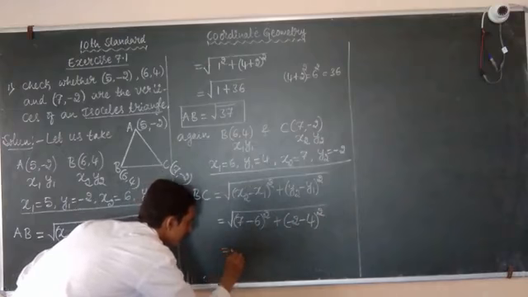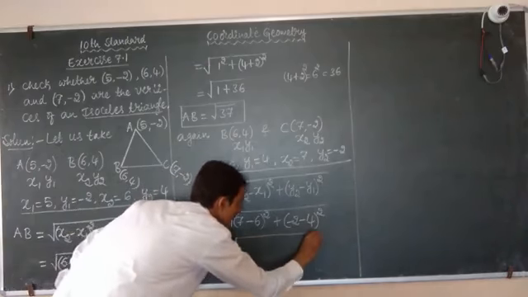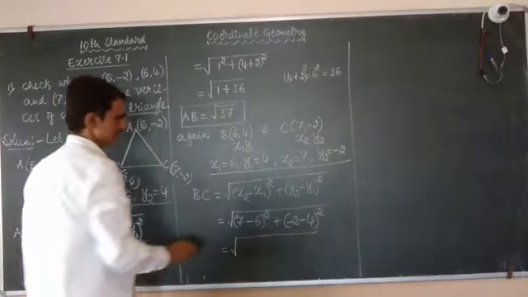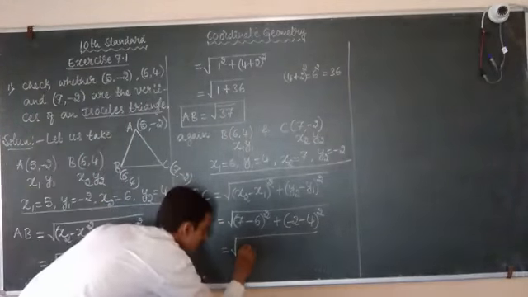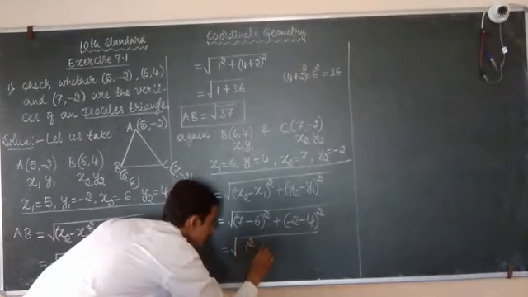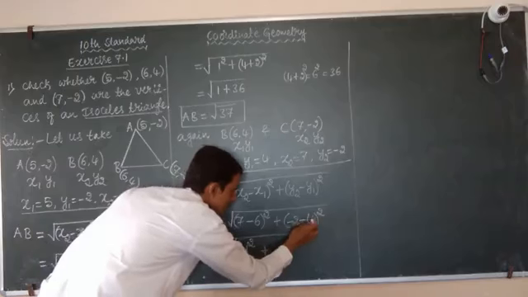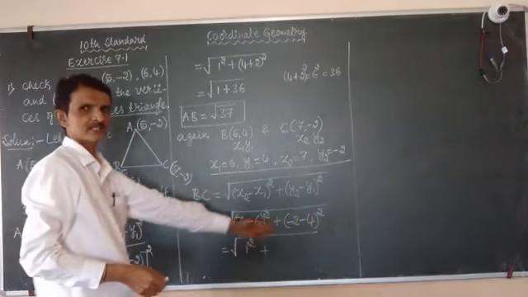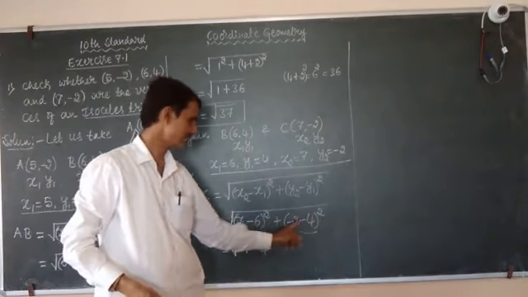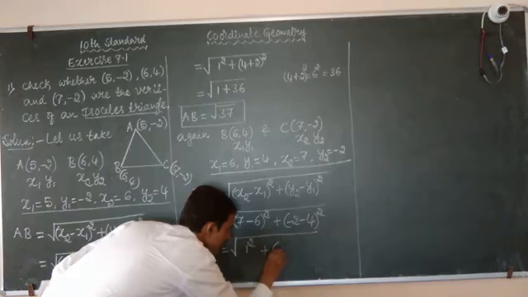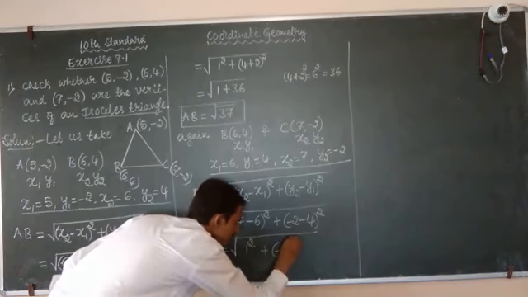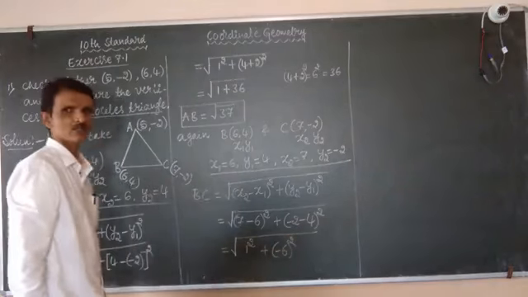Equals root of 7 minus 6, it is again 1 square, plus minus 2 minus 4, similar signs, so it will be minus 6 whole square.